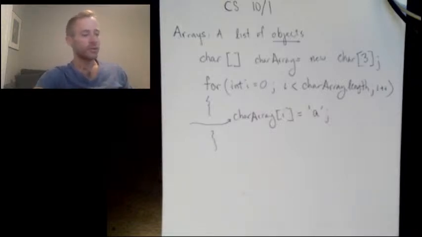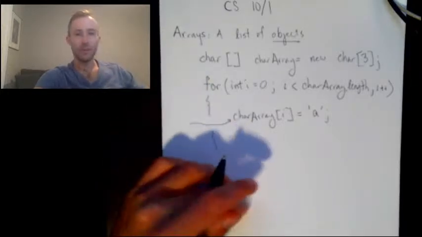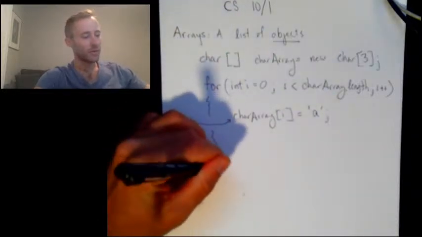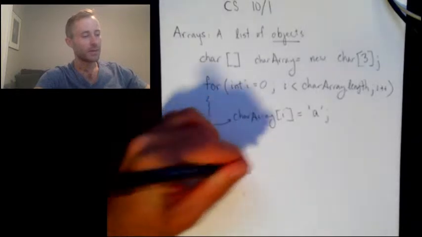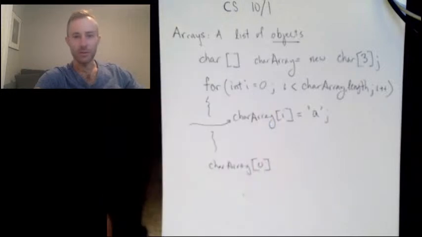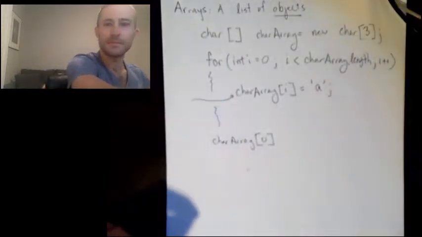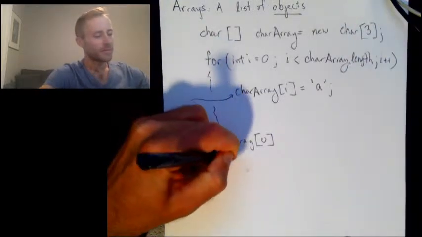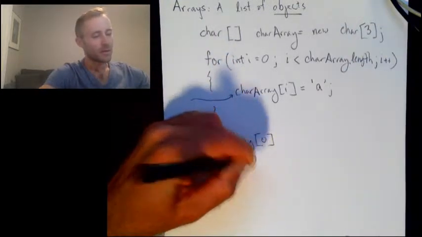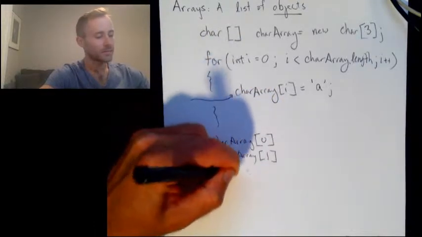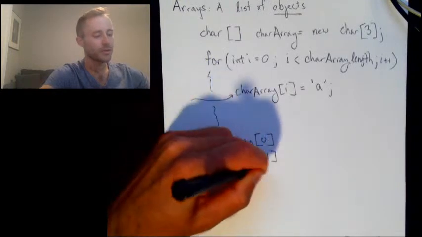Now, one of the things that I want to point out is that the first element of the array is the 0th element of the array. So char array 0 is the first element. Char array 1 is the second element, and char array 2 is the last element.